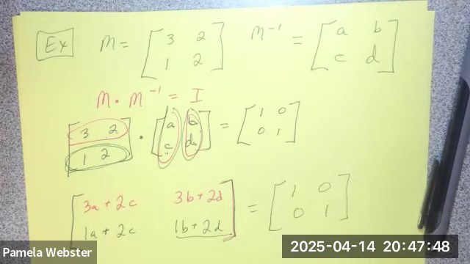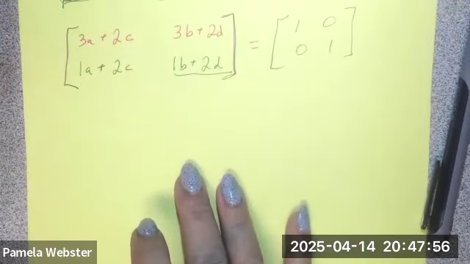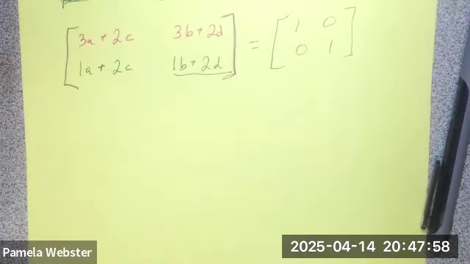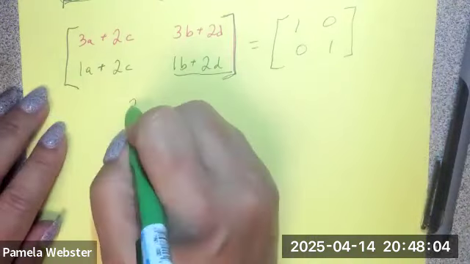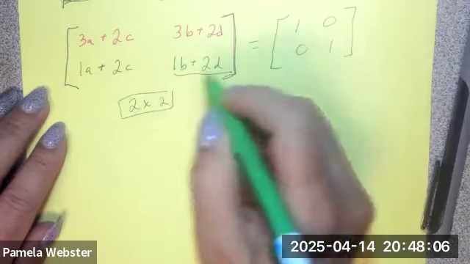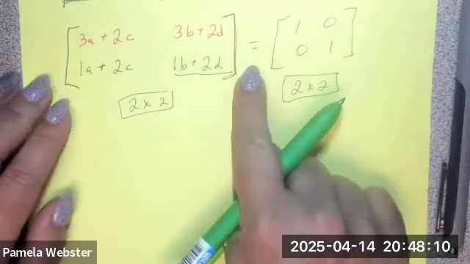This is kind of an interesting situation. We're starting out with matrices, but look at this. I've got a 2 by 2 over here and a 2 by 2 over there, and they're set equal to each other.